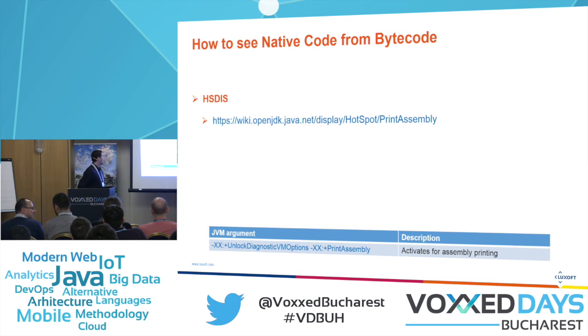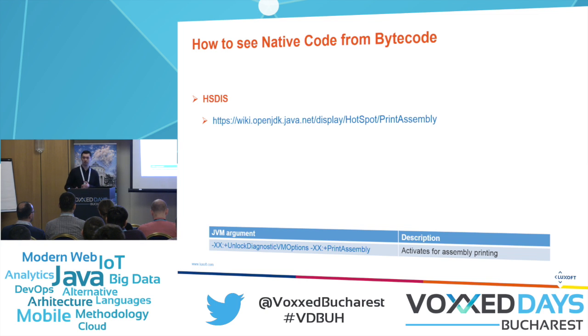Now, the question is how we can check the native code out of the bytecode itself, because by default, HotSpot can't give us such a possibility. In addition, we need to get the HSDIS disassembler compiled for our target platform, for example Linux or Unix, which has some specifics, and we add this on top of HotSpot.